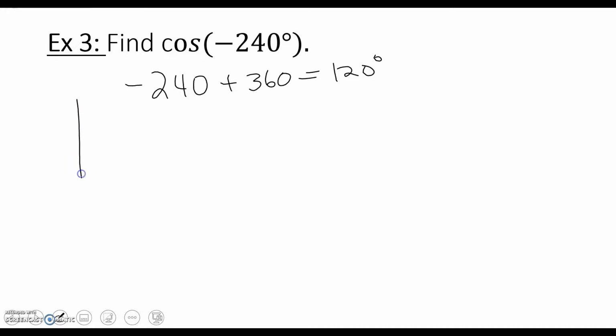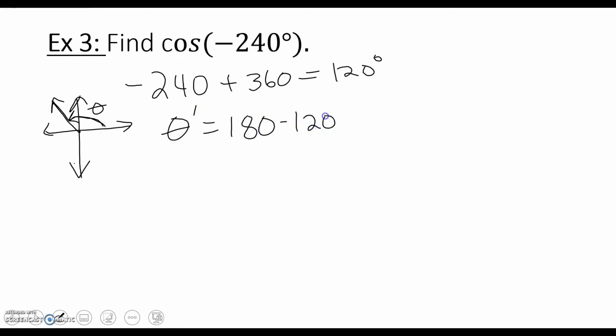So 120 degrees is going to be in quadrant 2. 120 is going to fall over here somewhere. That's theta. And if that's in quadrant 2, then you find the reference angle theta prime by doing 180 minus 120, which gives you 60 degrees. So what that means is that the cosine of negative 240 degrees is going to be equal to the cosine of 60 degrees. However, you have to consider the sign.